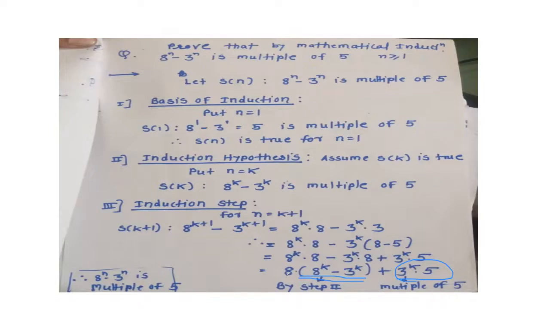So this whole term is a multiple of 5, or divisible by 5. So you can say that 8 raised to n minus 3 raised to n is a multiple of 5 for n greater than or equal to 1. We stop here. This is the end of mathematical induction.